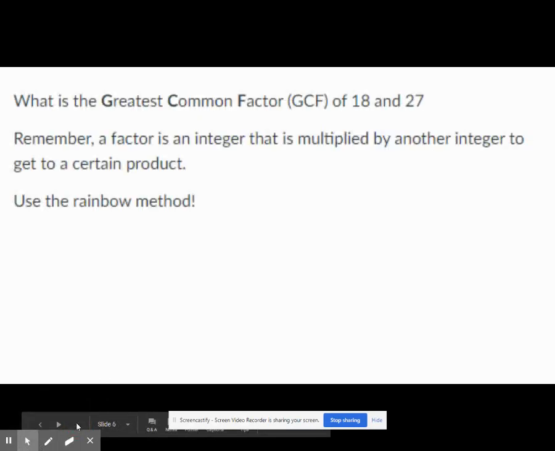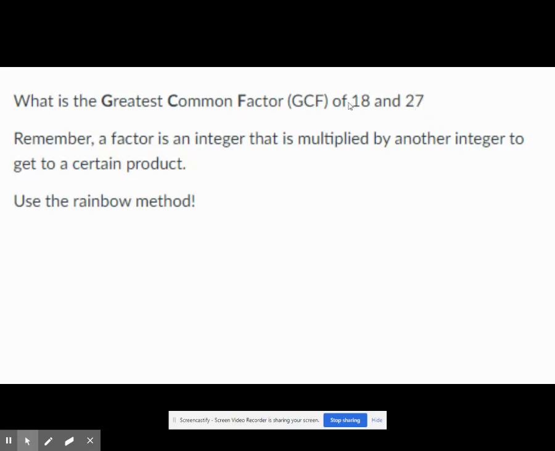All right, ladies and gents, and I believe this is our last one today. Greatest common factor. So it asks, what is the greatest common factor, or GCF, of 18 and 27? And it says here, remember that a factor is an integer that is multiplied by another integer to get a certain product. Remember, integers are just fancy words for whole numbers. So we want 2 whole numbers that are multiplied together to get both of these 2 products.